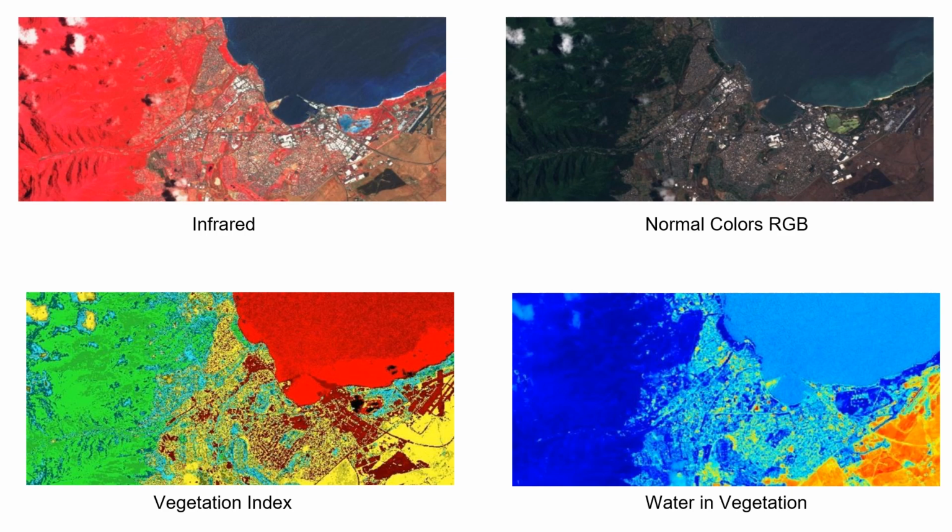And for each image, we are computing specific features or a specific pattern to extract an idea. For example, we have normal colors RGB, we have infrared images, we are computing the vegetation index, we are computing the water in vegetation, and we are doing several other methods to extract features.